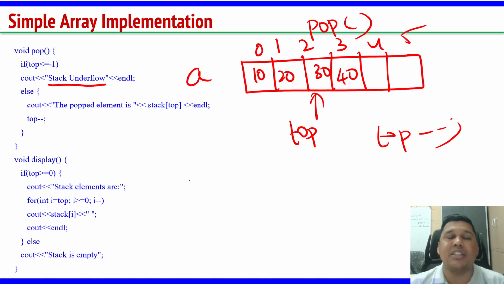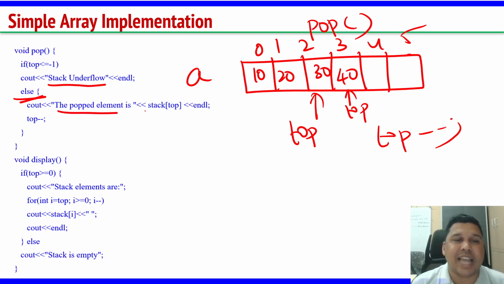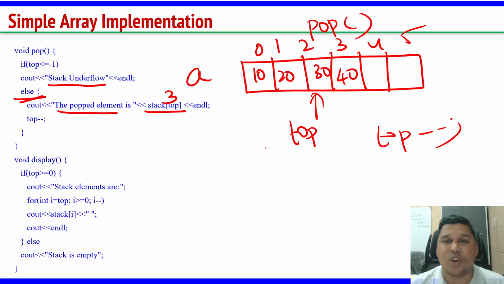There are no elements in the stack, otherwise which element would you be deleting? The original top was at 40. So the popped element is stack of top, that is stack of 40. Top maintains only the index, not the value. So you can display 40 and do just one operation, top minus minus.